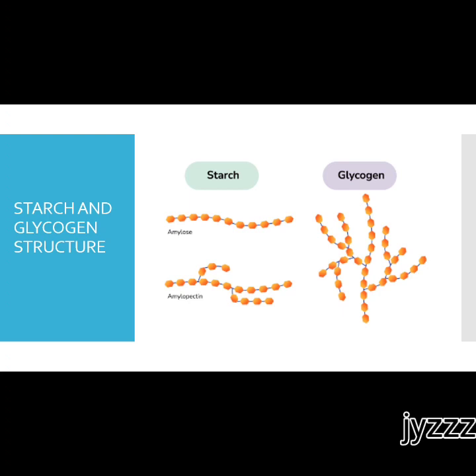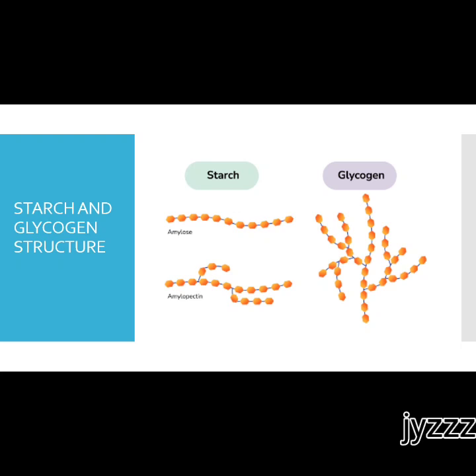As we said earlier, it is branched, consisting of about 25 to 30 glucose units in each chain. That is for your amylose and your amylopectin.